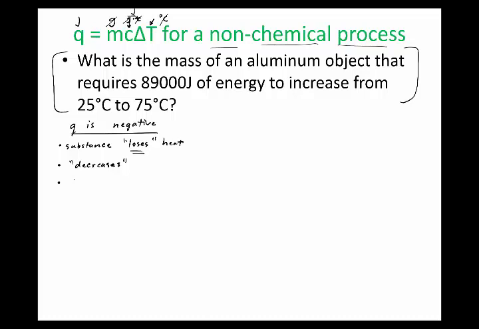Those are actually the main two terms. Q is negative when heat is released, that was another main one. And Q is positive when heat is absorbed, or when heat is gained. So gained, absorbed is positive.